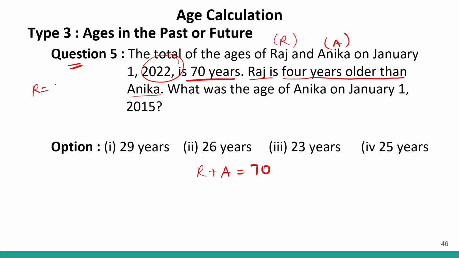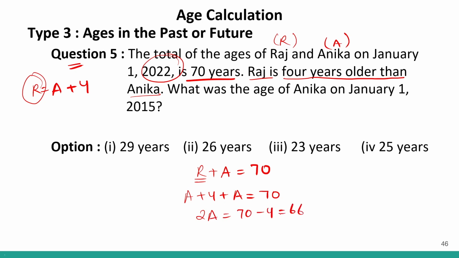So Raj is Anika plus 4. Correct? So I can substitute the value of R over here. So A plus 4 plus A will be equal to 70. So A plus A will be 2A, and this will be 70 minus 4, which is 66. So A will be 66 divided by 2, which is equal to 33.